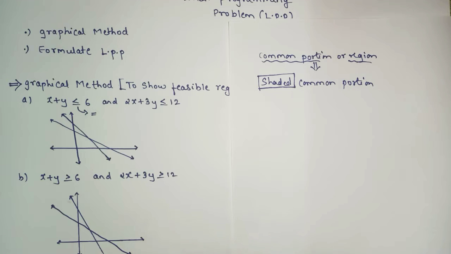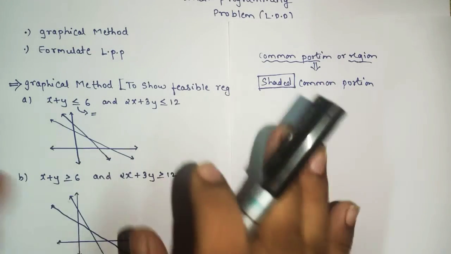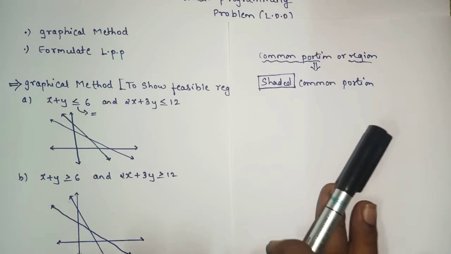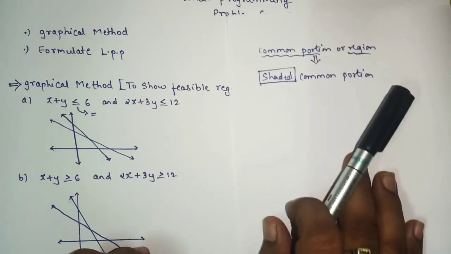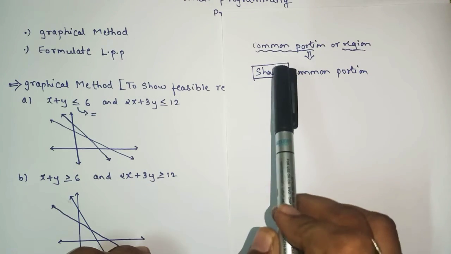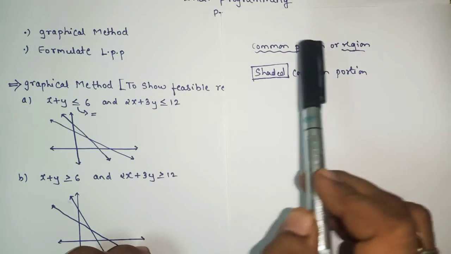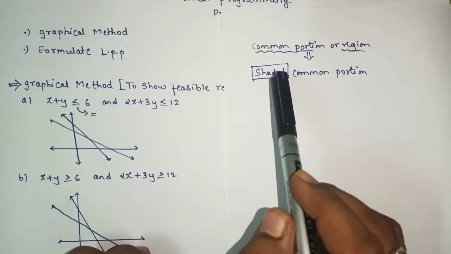Okay, so the challenging part of the graphical method is what? Plotting the points is very simple. Plotting the graph is very simple. The challenging part is to show the feasible region. In simple mathematical language, it is the common portion, or else the shaded region.